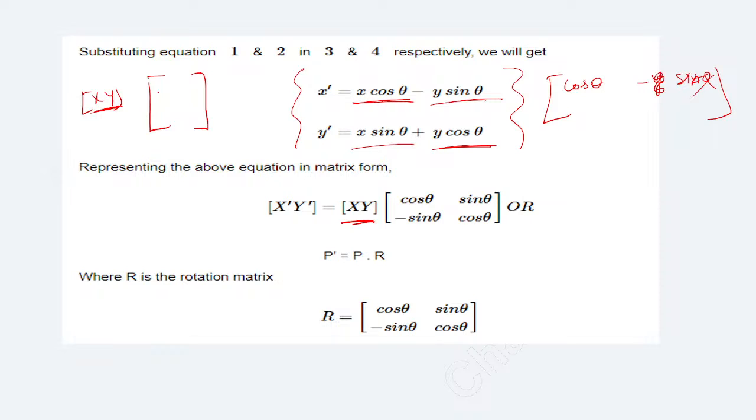This one will be multiplied with this one, and then again this one will be multiplied with this one. Then you will get the value, and that's why your x and y will be multiplied this way.